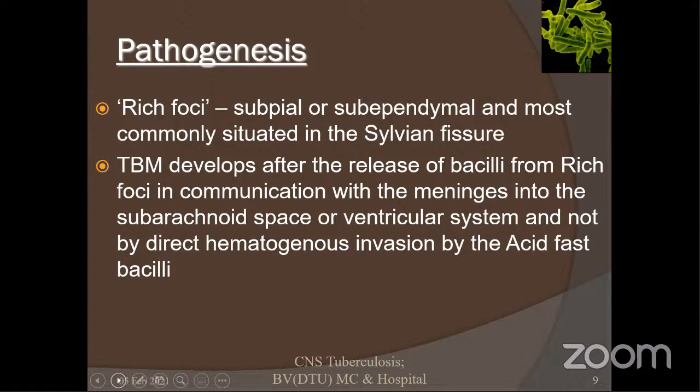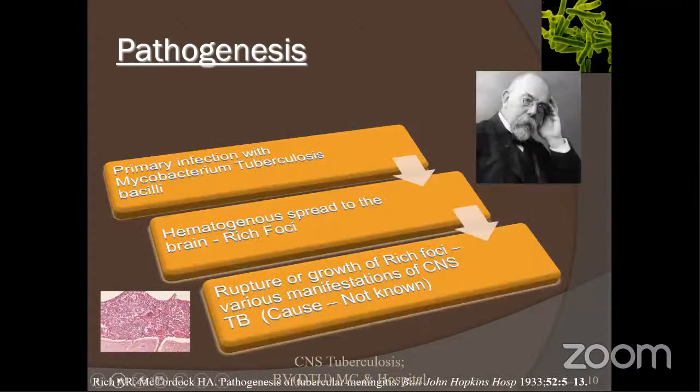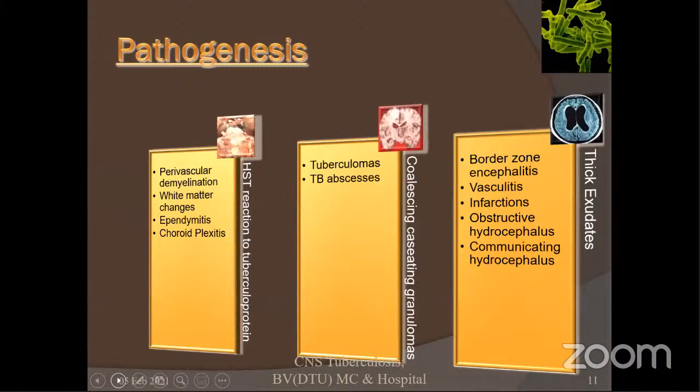Hematogenous spread may occur, but in fewer cases. So the pathogenesis: primary infection with Mycobacterium tuberculosis bacilli, hematogenous spread to the brain, Rich foci, rupture or growth of Rich foci, and various manifestations of CNS tuberculosis. Why they rupture and cause this, we don't really know.